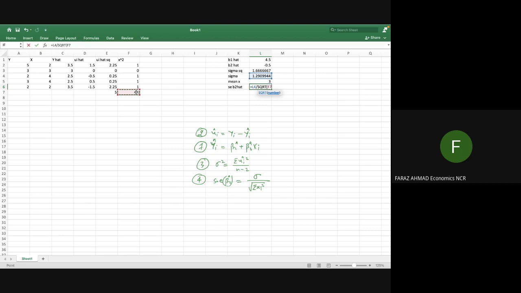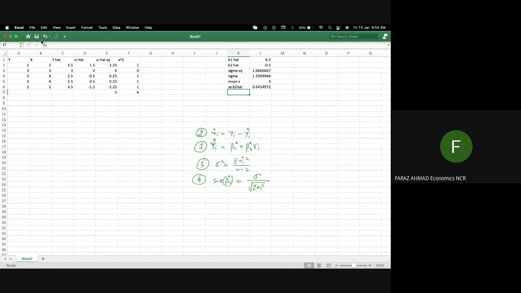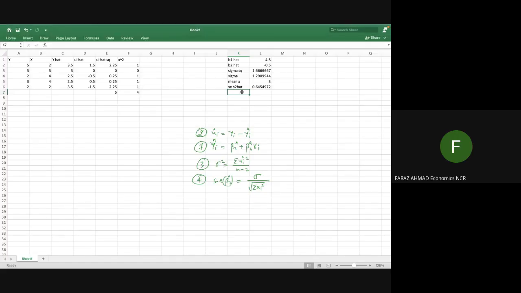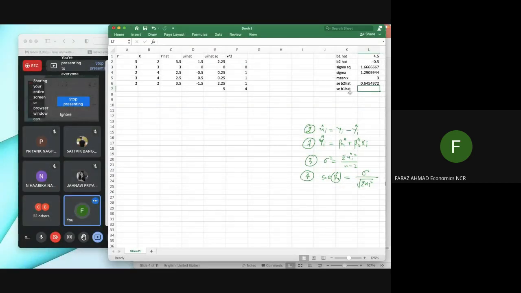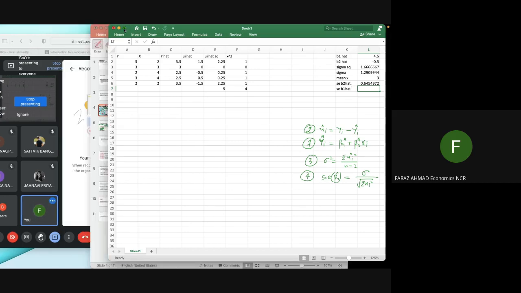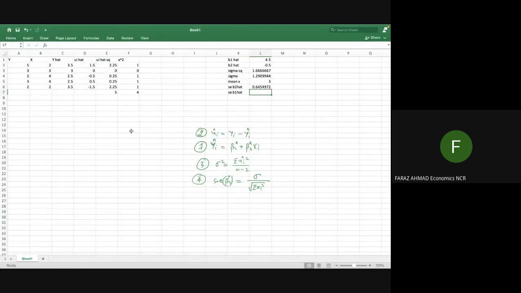That's standard error beta 2 hat, and standard error beta 1 hat can also be calculated in the same way as we did for standard error beta 2 hat. To check it, maybe I've made a mistake in some calculations. It is very much possible here and there.